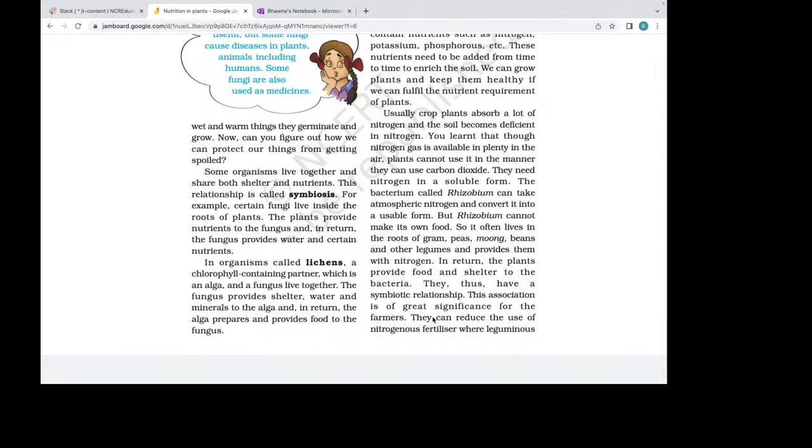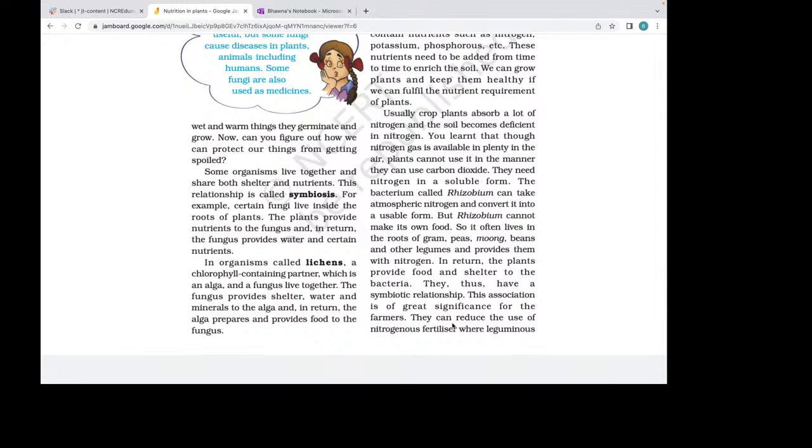But यहाँ पे क्या होता है, लेग्यूमिनस प्लांट्स में क्या होता है, this rhizobium bacteria is present in the root of these plants, so it converts the atmospheric nitrogen, which is plenty in atmosphere. Yeah, it is very much in atmosphere, so it can convert this nitrogen into the usable form.